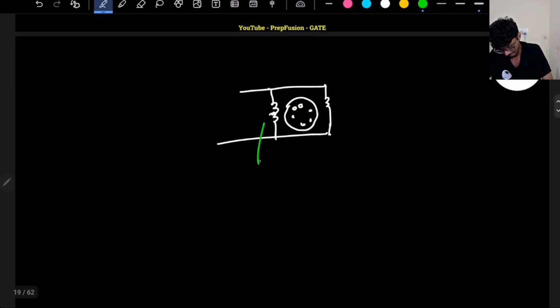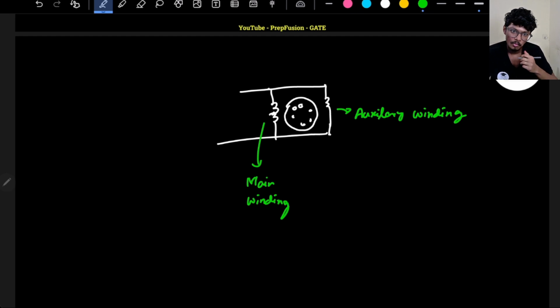This is the main winding, and this is the auxiliary winding.